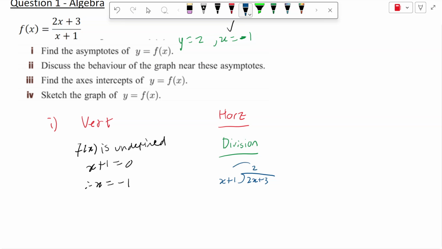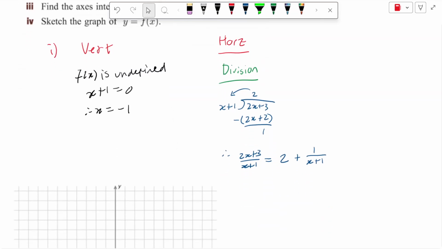You get 2 there. 2 into x plus 1 gives you 2x plus 2. So our remainder, subtract those away, you get 1. So therefore, 2x plus 3 over x plus 1 is the result 2 plus 1 over x plus 1. So that's how that division plays out.